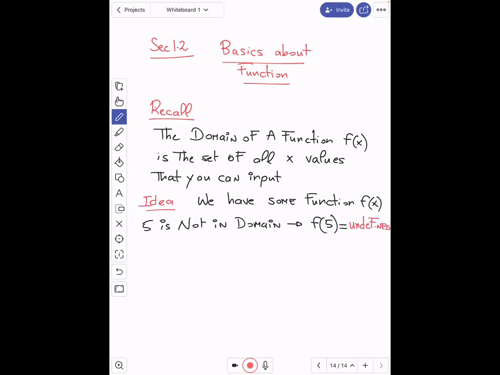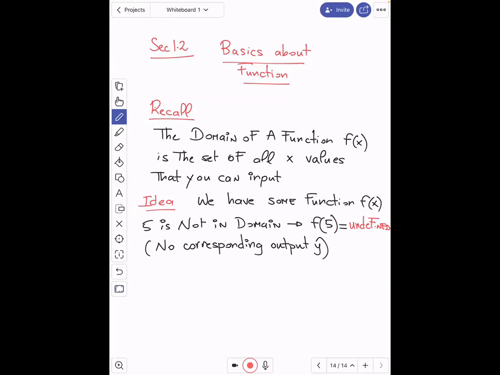It means that there is no corresponding output y. So if my input x is 5 and this 5 is not in the domain, there's no corresponding output y, right?